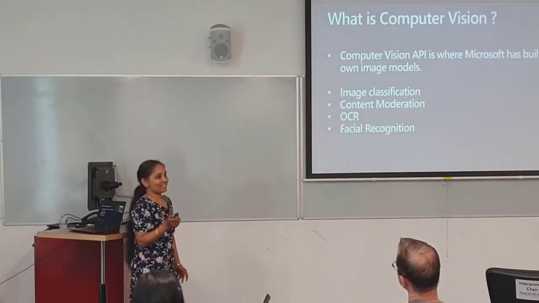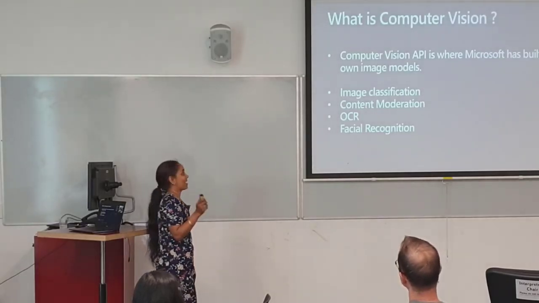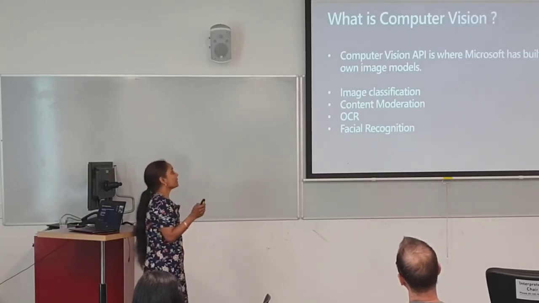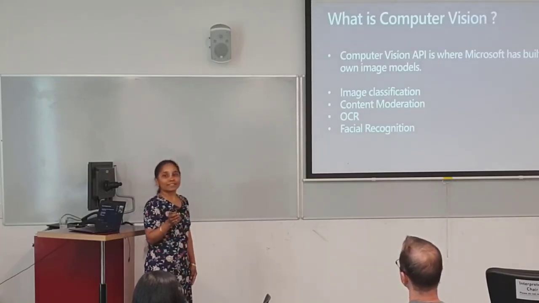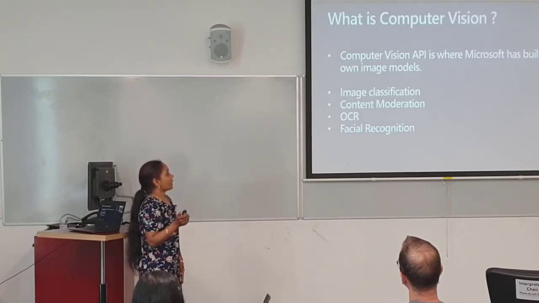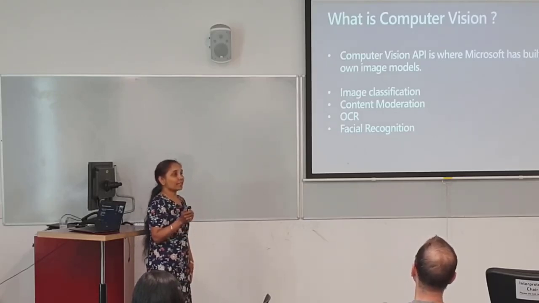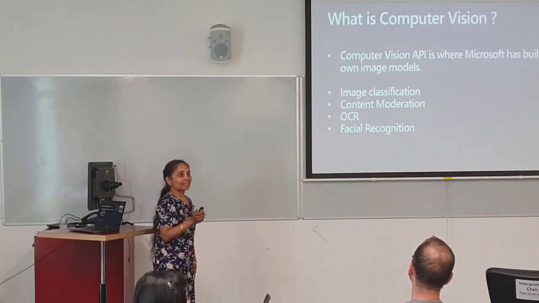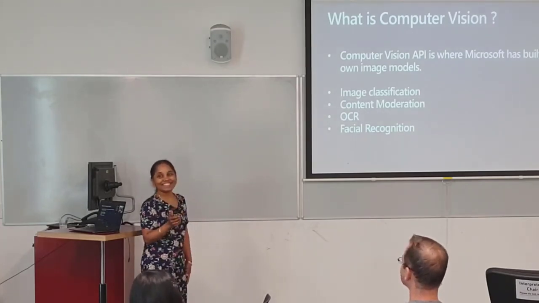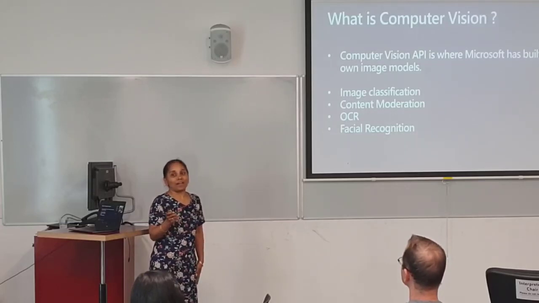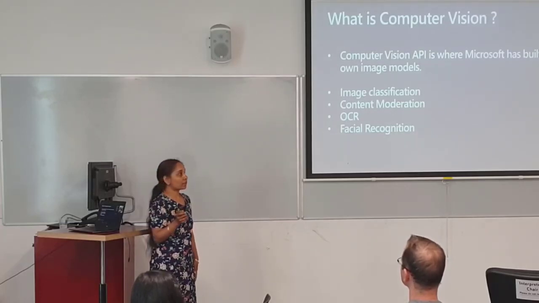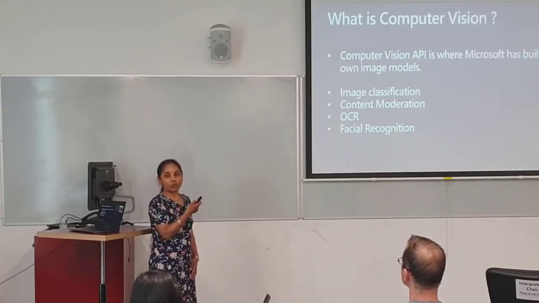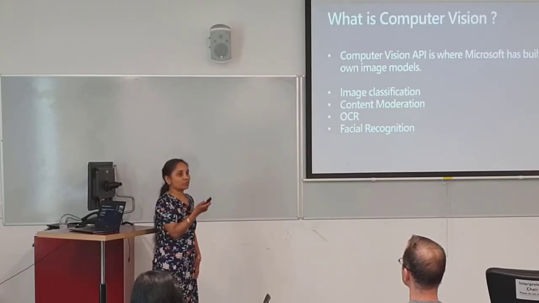I also thought recognition, but I searched online, so OCR is optical character reader. So what does it mean? Okay, facial recognition, what does it mean? Any examples? Airports use them, and also when you sometimes want to log in to your laptops, you use facial recognition.